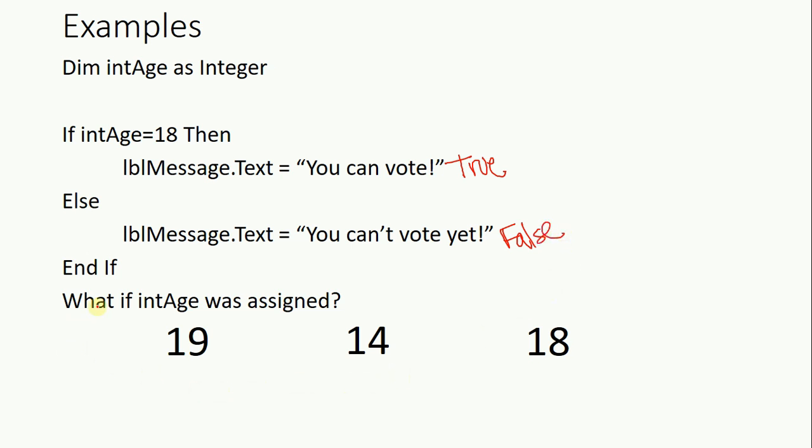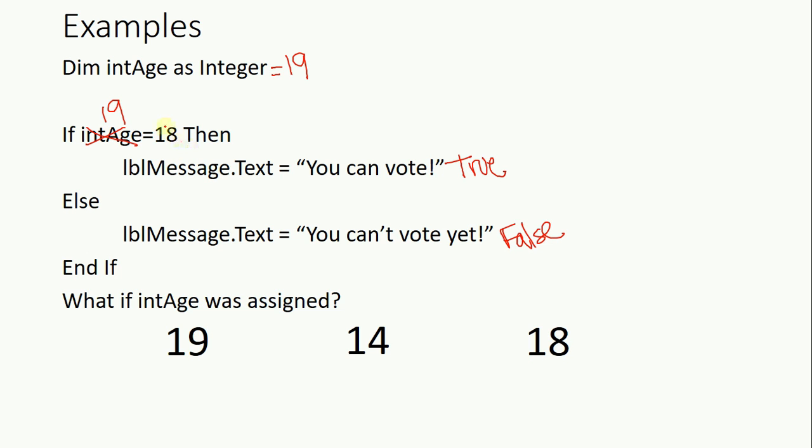So let's check to see. If int age was assigned 19, so that means at the top here I would say equals 19, what will happen? What will be shown in my label? The computer's going to ask, what is int age? It's going to look back and say, oh, int age is 19. So it's going to cross that off and put a 19 there. And it's going to say, is 19 equal to 18?